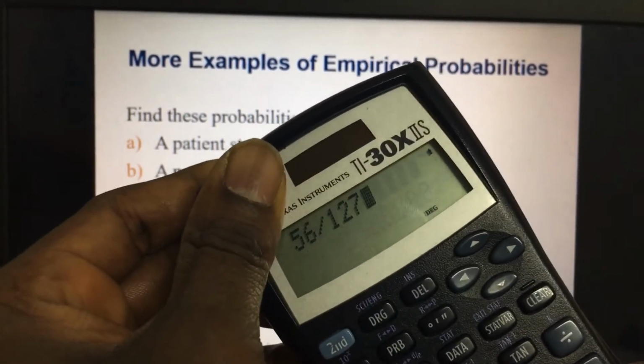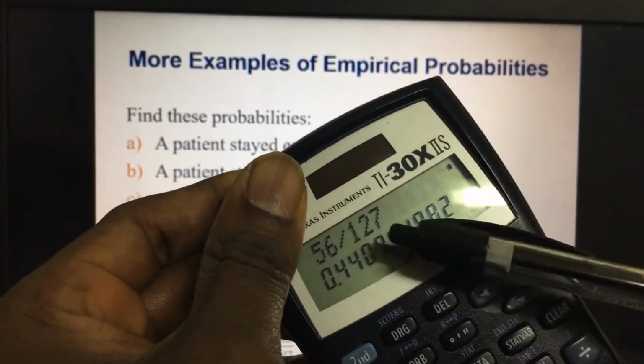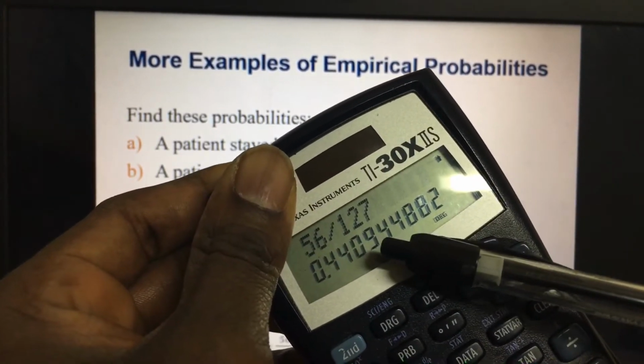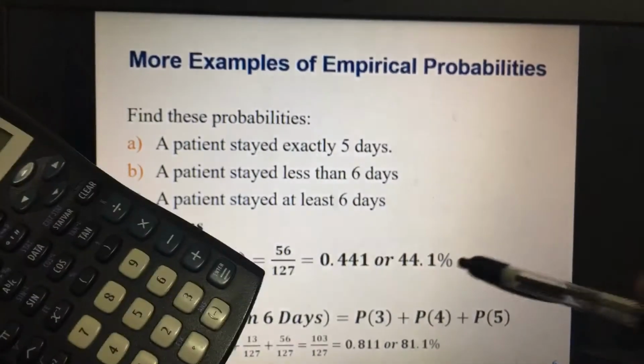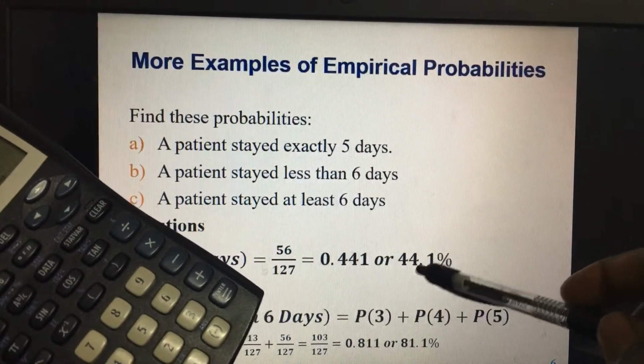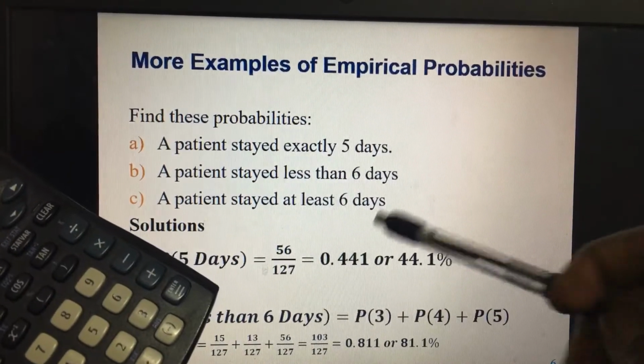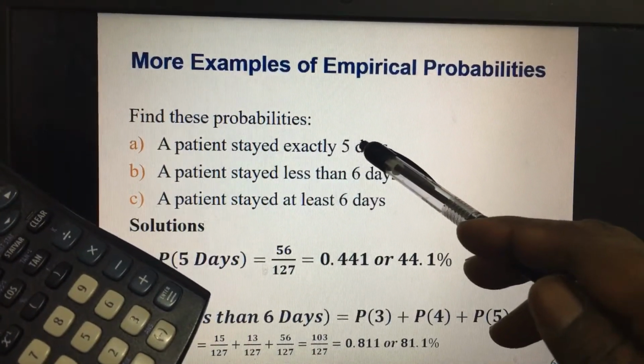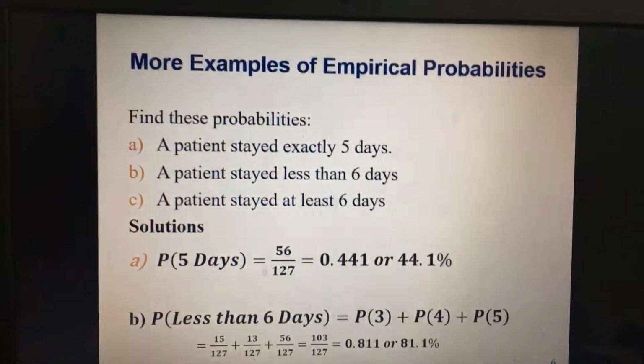Okay, you will see the answer at 0.4409. When you round it, you get 0.441. Or you can also say there is a 44.1% chance that the patient stayed exactly 5 days.